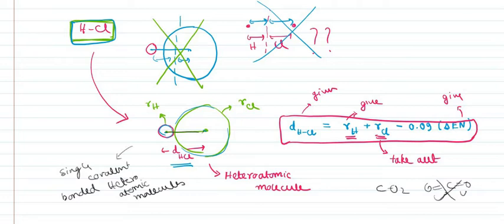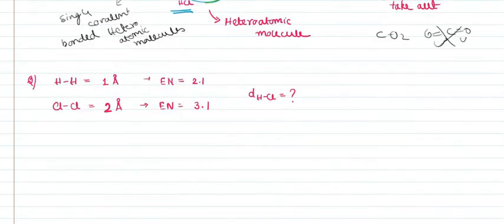Now we will take one example of this. Look at this example right here. We have given the distance between, not actually the distance, the radius, or no, this is actually the distance between the hydrogen and chlorine molecules.